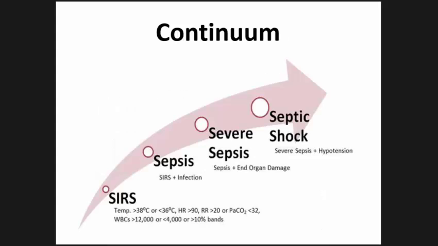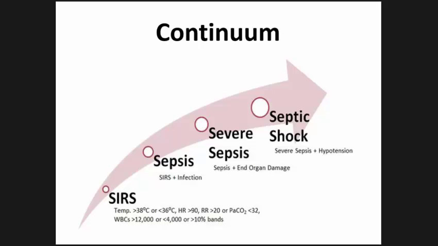I like this slide. I think it's a continuation. It really tells you what the pathological process is and where we have to intervene. We know that we have the SIRS criteria, which we can get from infection, but also from stress, from burns, things like that. Couple that with an infection, so you have a SIRS plus infection, then that gives you sepsis, because you have to have an infection to have sepsis.